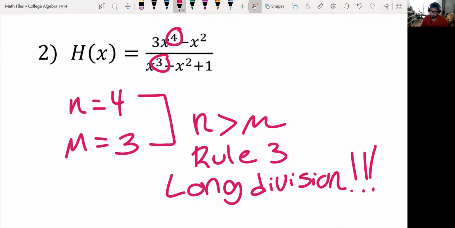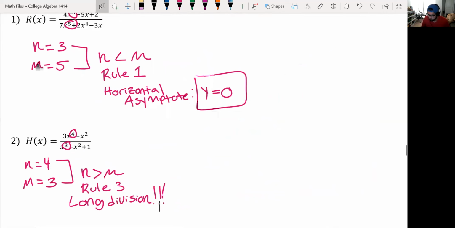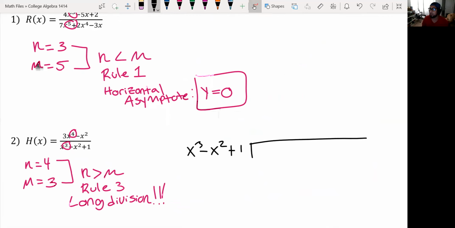I know, I'm sorry. But I'm doing it, you're not doing it, you're just watching. So you should be sorry for me. Okay, but why would you pick that problem for yourself? I know, right? Okay, so long division, I'll put the divisor first. X cubed minus x squared plus 1. Again, in my division symbol, I'll put the numerator, which is my dividend, and make sure you account for missing powers.